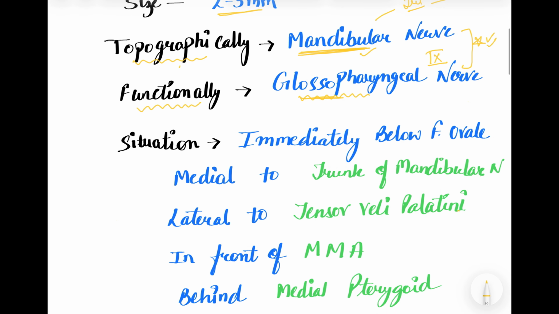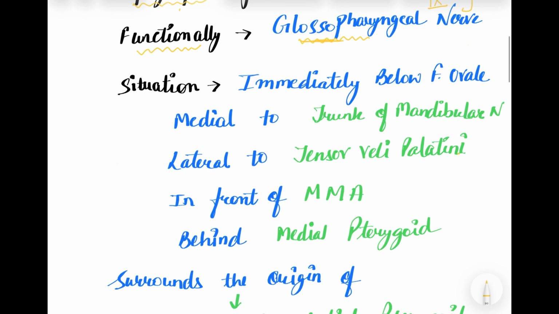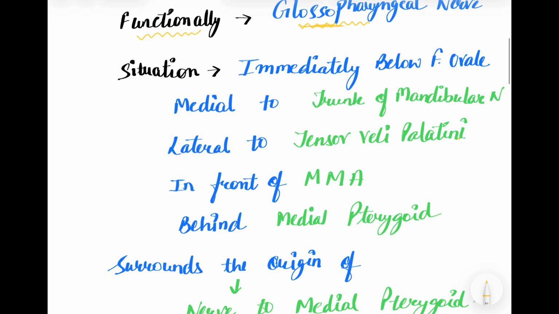Now talking of the location of this ganglia, it is basically lying just underneath the foramen ovale, that you will see at the norma basalis. Through the foramen ovale pass structures that you must have remembered from your classes, that is the mandibular nerve, accessory meningeal artery, lesser petrosal nerve and emissary vein.